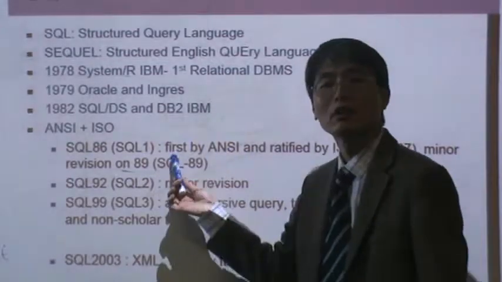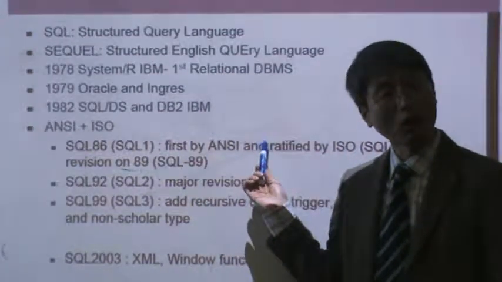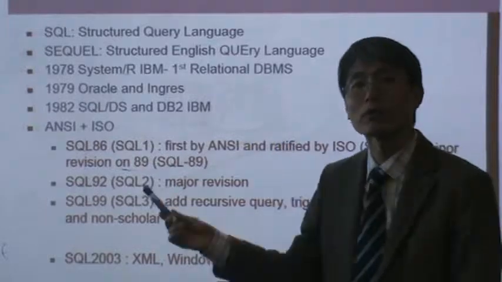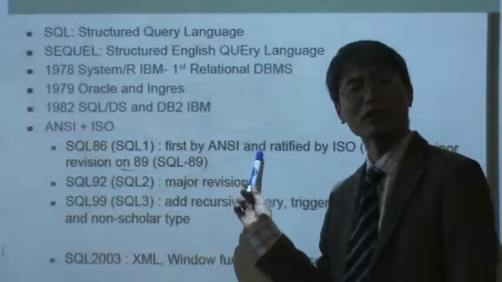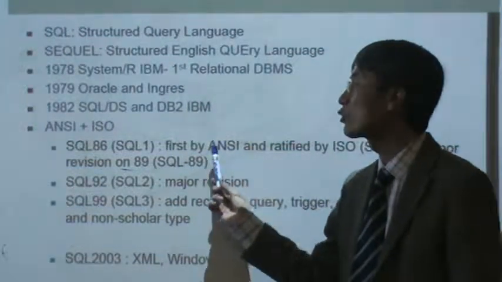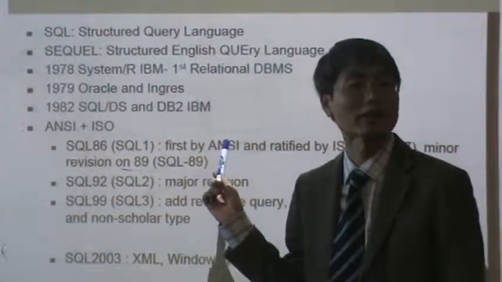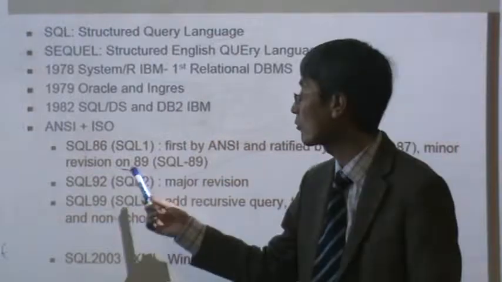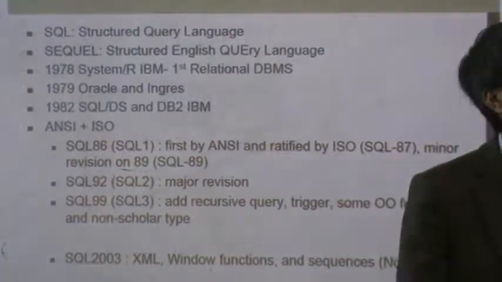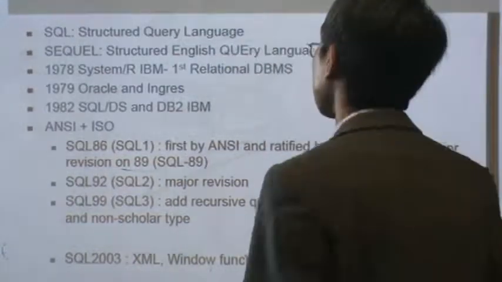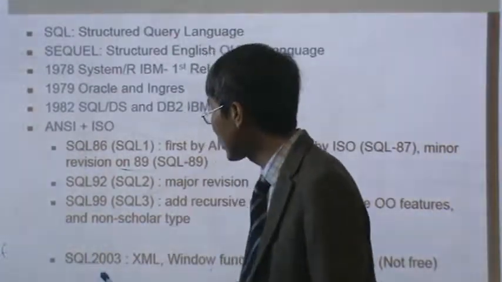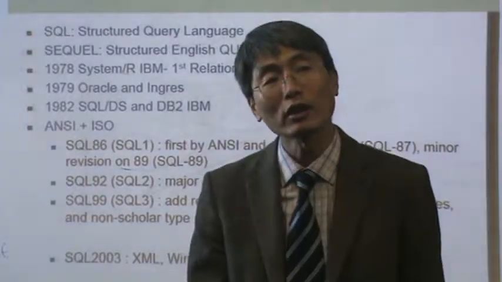Unlike other models or other areas of computer science, they started earlier to standardize such a database language. The first one was '86, the SQL 1 standard. Next is '92, the SQL 2 standard. The latest one is SQL 2003.